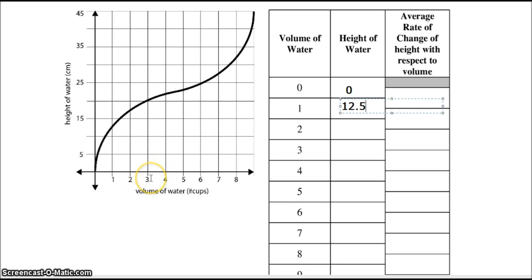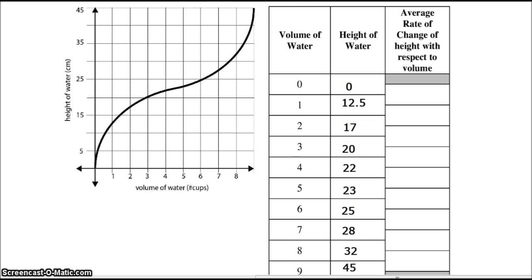When the volume is 2, the height is about 17.5, or maybe a little bit less, maybe 17. When it's 3, we have 20. When it's 4, 22. I'm going to go ahead and just fill out the rest of these.